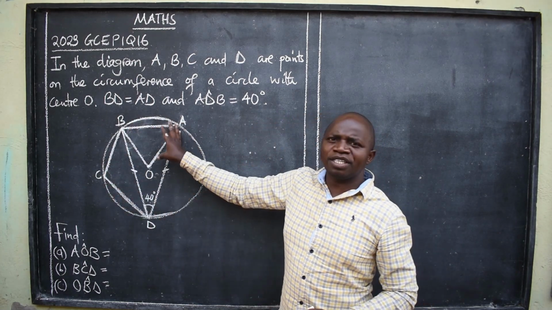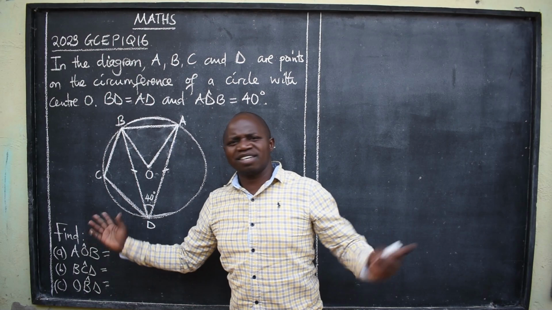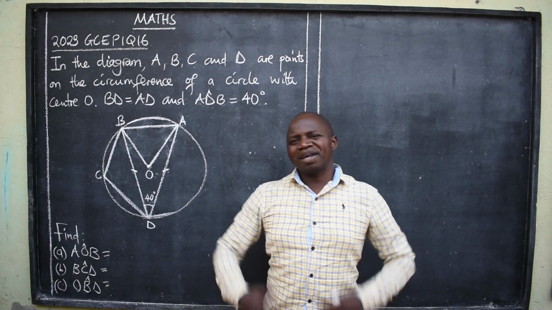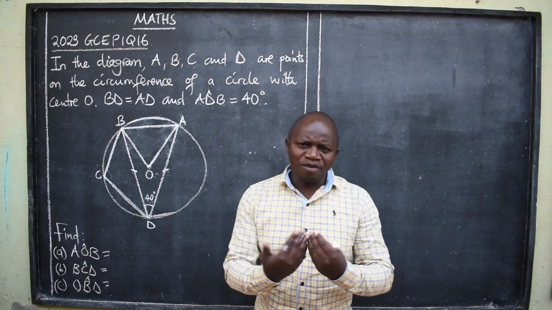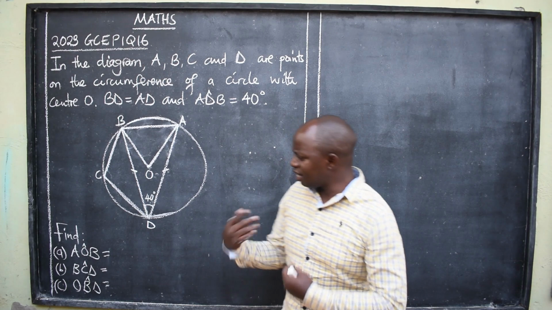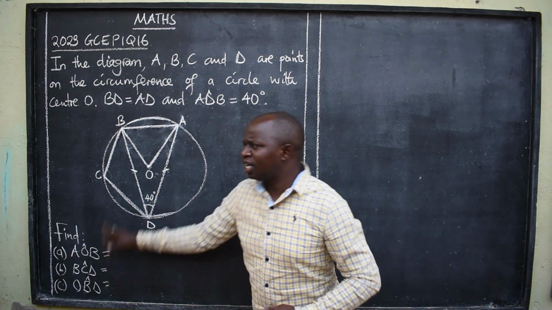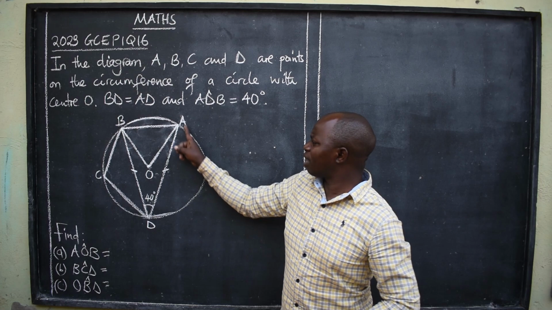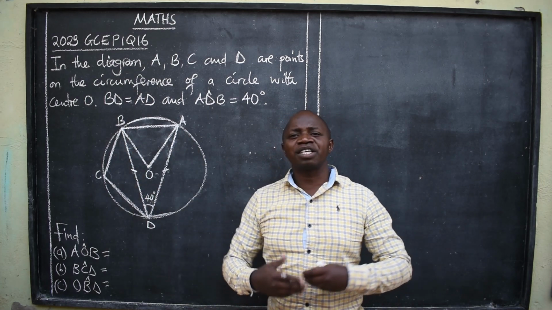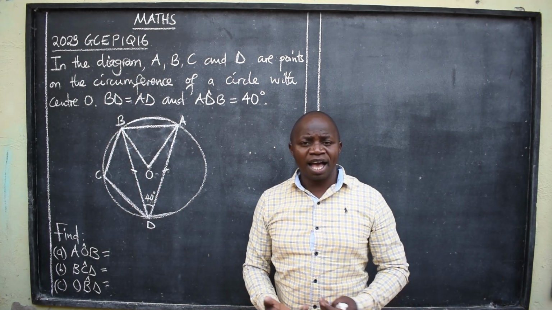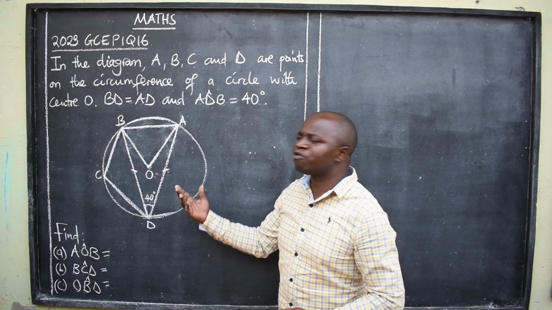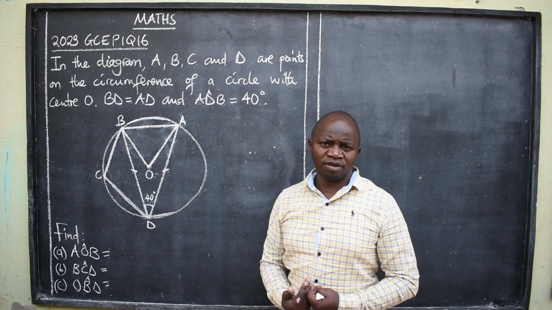Once we put the properties here, then these will just be answers. But the mistake that some of you make is you want to go straight to angle ABC, just like the way it is. You're going to get confused and you will find wrong answers.